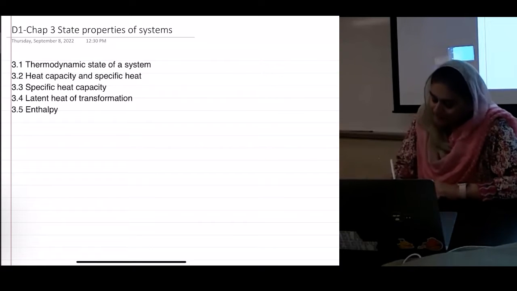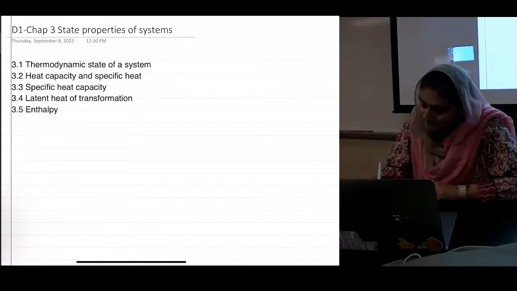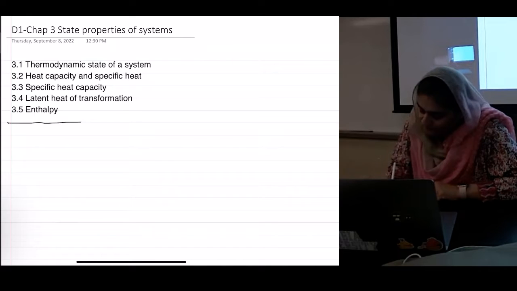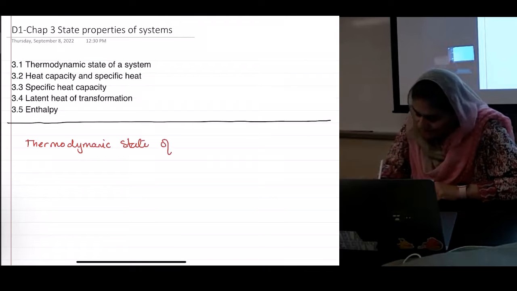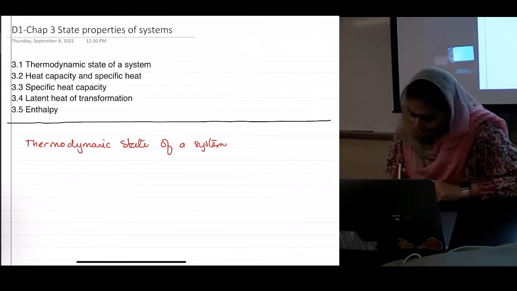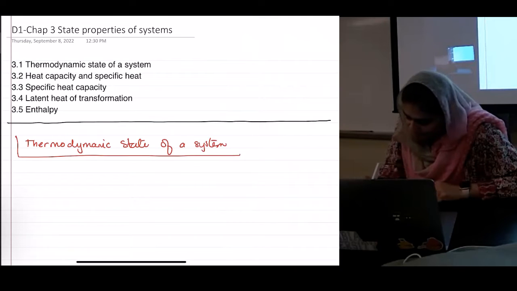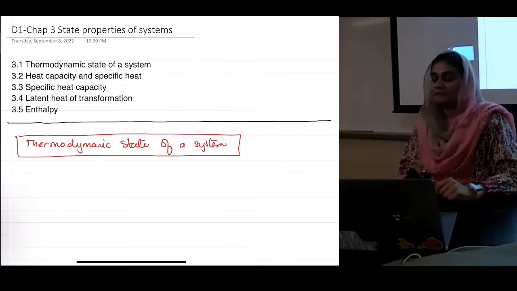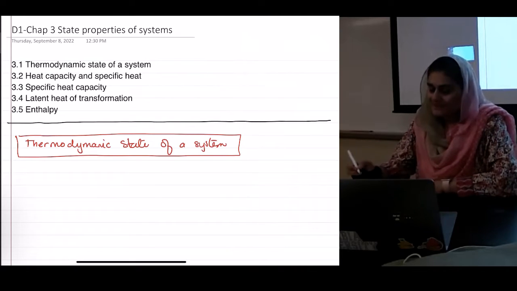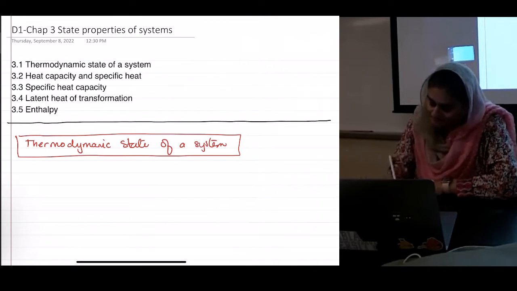Let's start at the beginning and talk about the thermodynamic state of a system. What is a thermodynamic state?